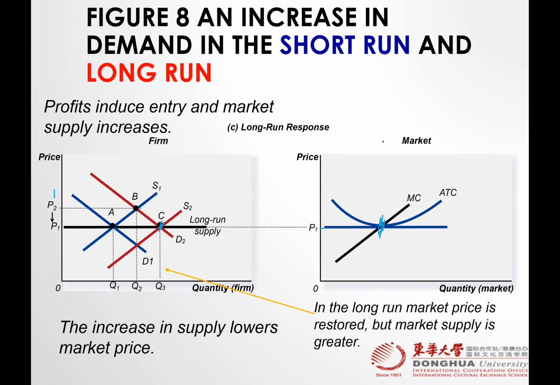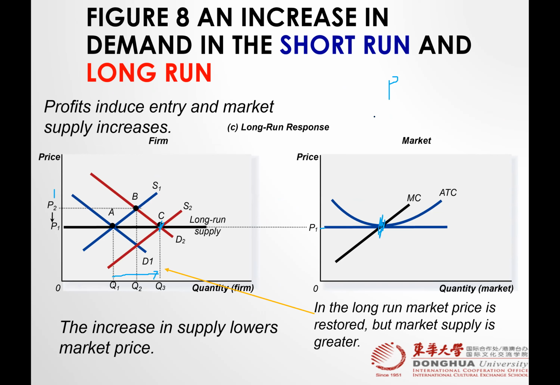But what's the new thing that happened? The price remains the same, because new firms come to the market and push the price down, but the quantity has increased from Q1 to Q3. So due to this short run disruption in the market, if demand increases in the short term, it pushes the price upward.